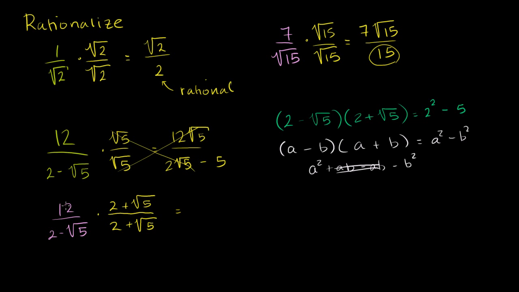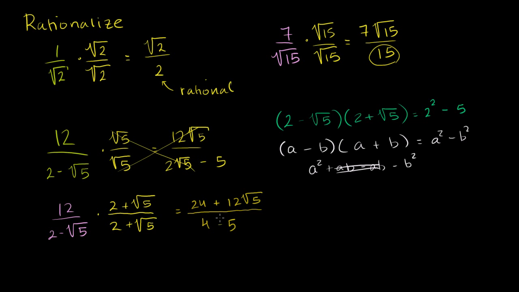So the numerator is going to become 12 times 2, which is 24, plus 12 times the square root of 5, plus 12 times the square root of 5. All of that over, once again, this is like a factored difference of squares. So this is going to be 2 squared minus the square root of 5 squared.